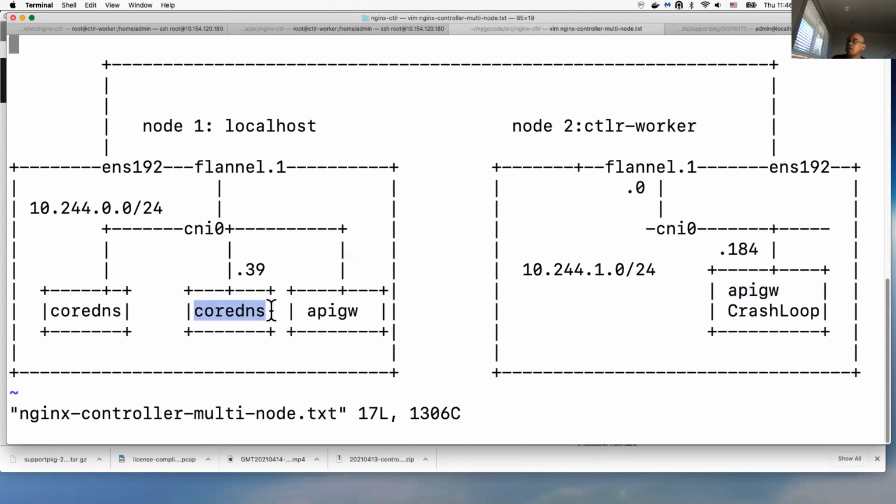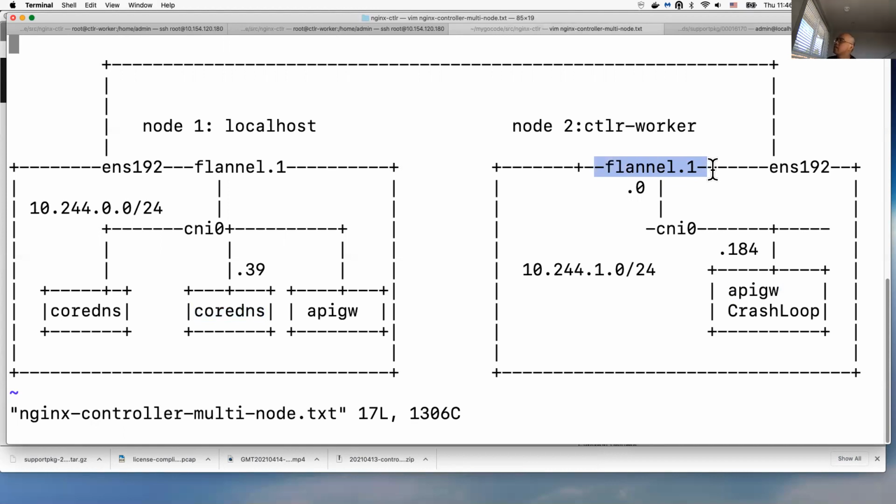in node localhost, right? So I drew a simple diagram here to show that since it's pod communication, the traffic goes first through the CNI0 bridge. That's a bridge interface on the Linux host, and then it goes to a flannel.1 interface.